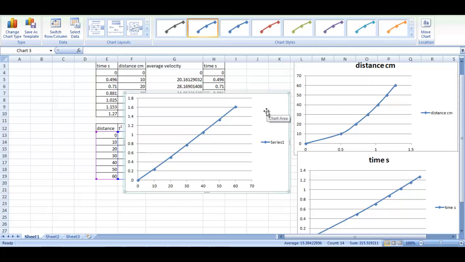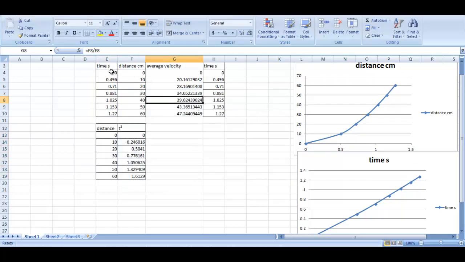The two compulsory graphs are distance versus time, and average velocity versus time, and they are expected to record the data like this.